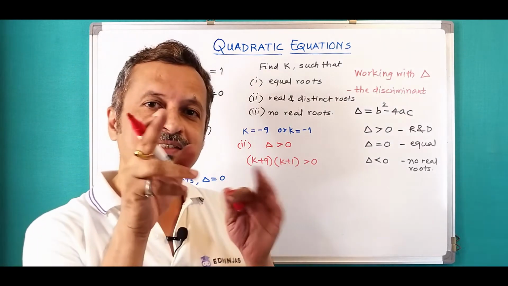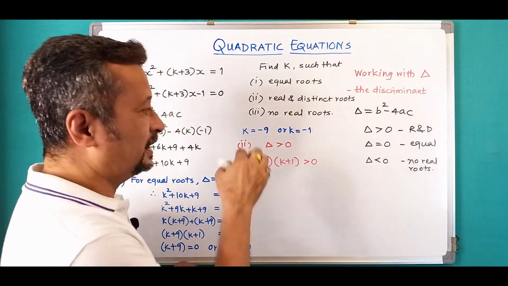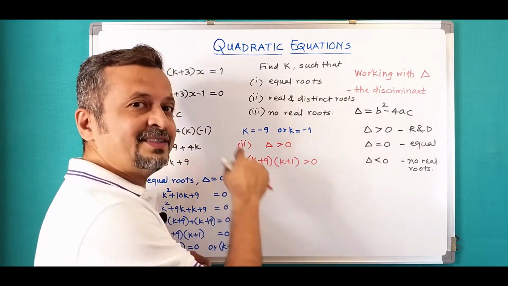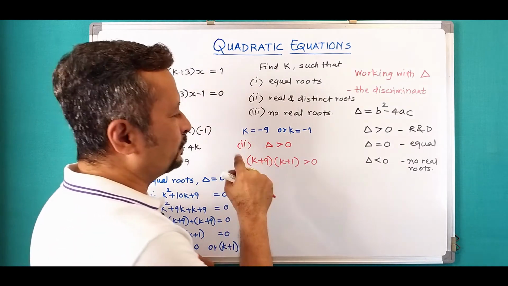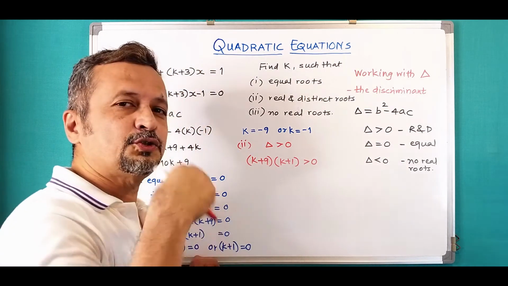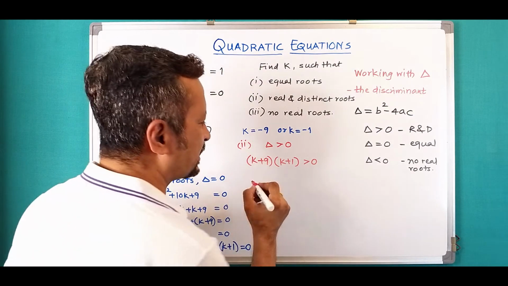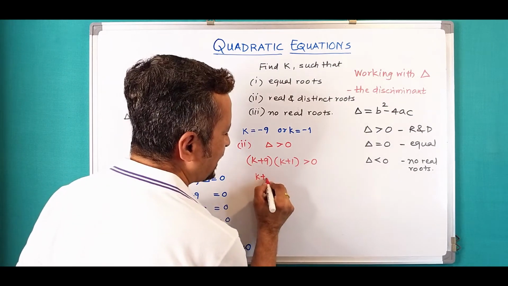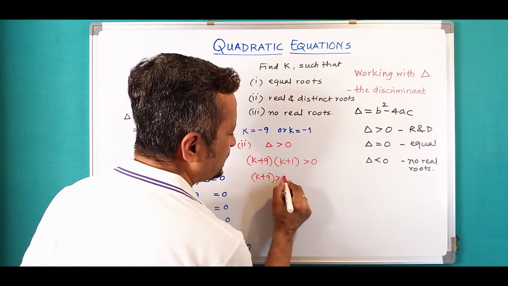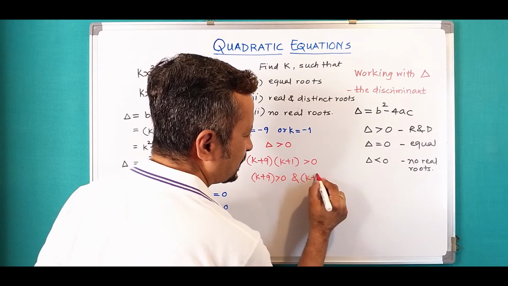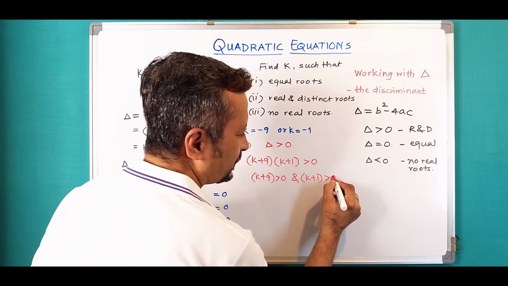Now when will this condition be satisfied? Just imagine k plus 9 should be greater than 0 and k plus 1 also should be greater than 0. So k plus 9 greater than 0 and k plus 1 greater than 0.